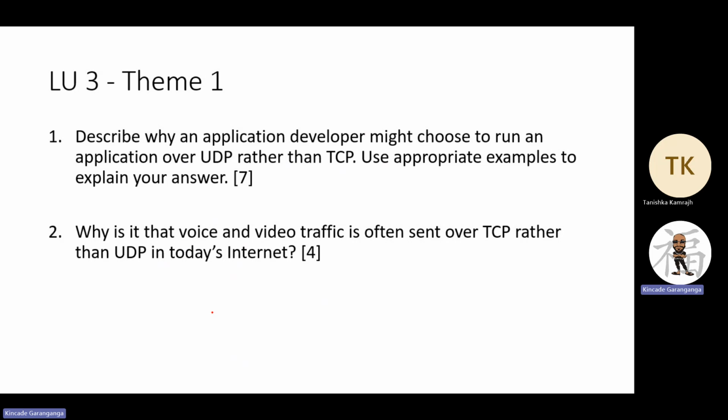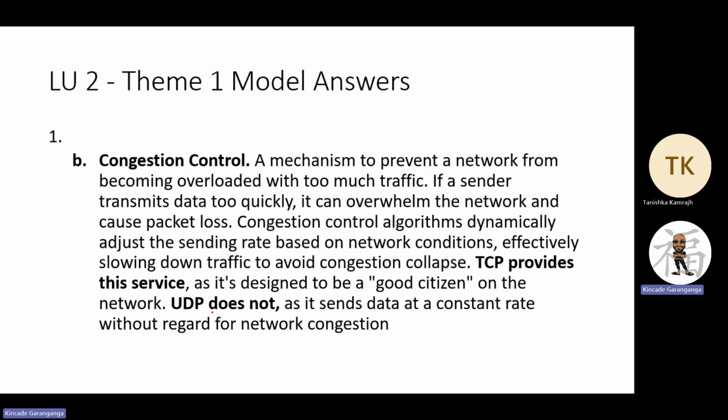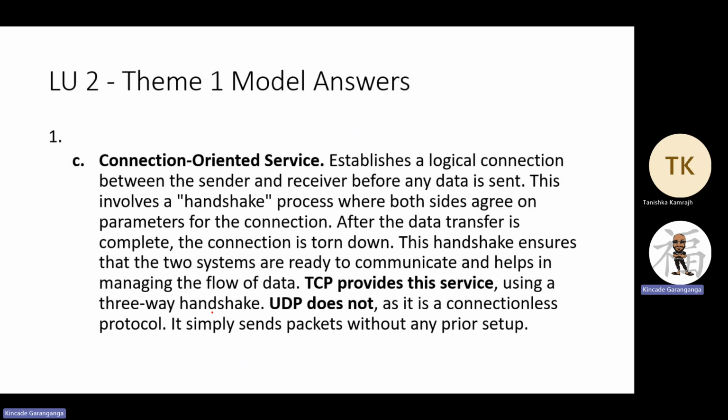So if you go back a couple of slides, what we're saying is UDP does not have to worry about reliable data transfer. Neither does it have to rely on congestion control. Neither does it have to look at some connection-oriented service. So that logical connection I was talking about, there's no need. Congestion control, no need.